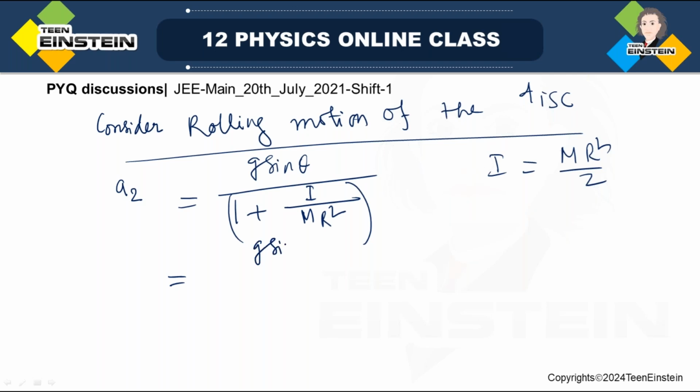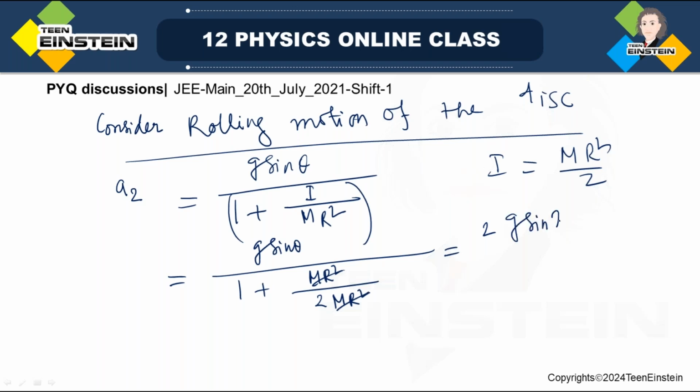So g sine theta divided by 1 plus mr square divided by 2mr square, and so this goes off. So you get 2g sine theta by 3. Okay, this is the acceleration.